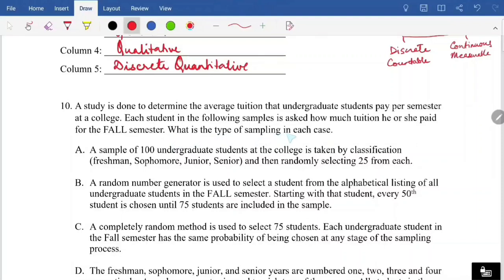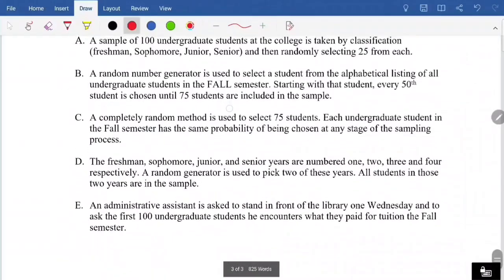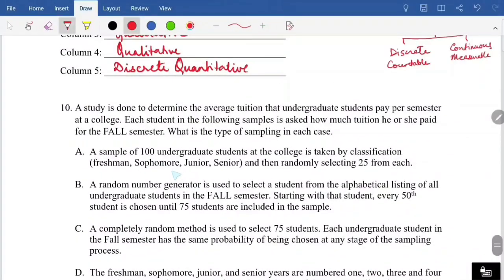What is the type of sampling in each case? So let's go one by one. It's not like a multiple choice. We have to go through all these A, B, C, D, E types given to us, and we have to identify which one is what kind of sampling technique.